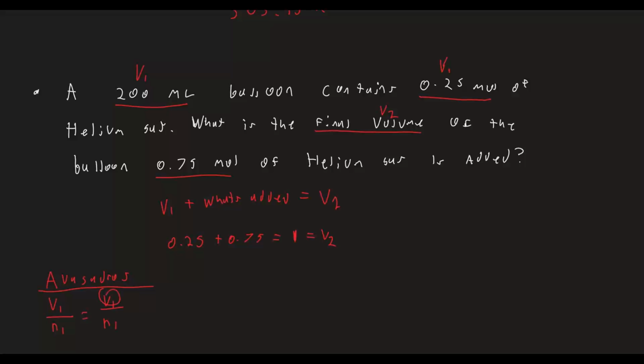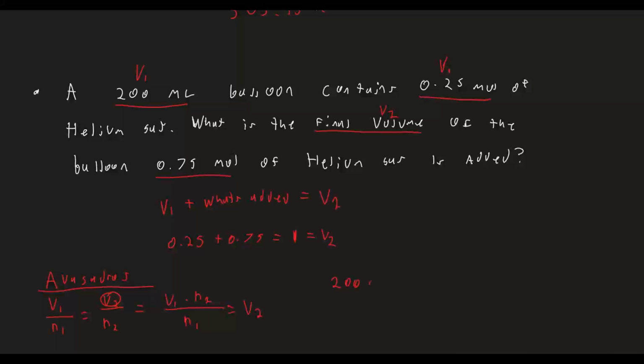We are looking for V2. That turns into the initial volume multiplied by the final number of moles over the initial number of moles equivalent to the final volume. And let's just plug all of our numbers in.